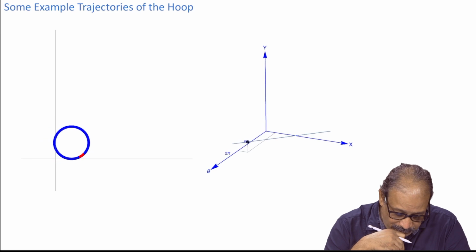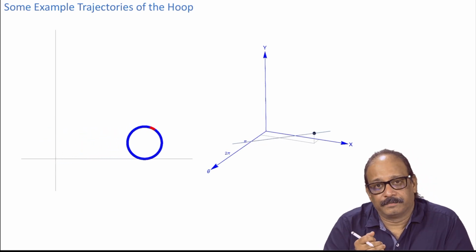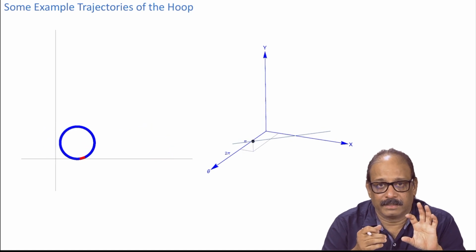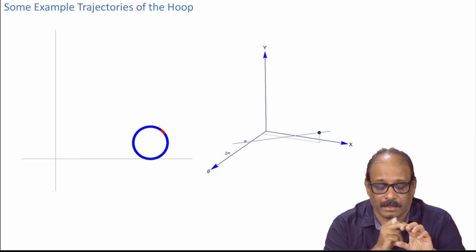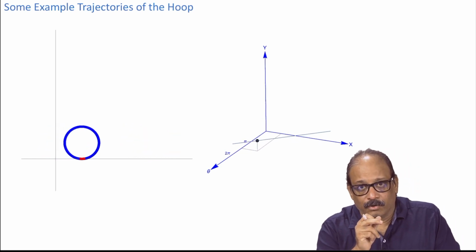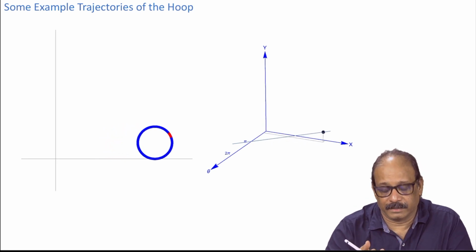And why is this theta going from 2 pi to 0? That is because, remember, we measured theta in the counterclockwise direction, and in the rolling, the hoop is rolling in the clockwise direction. That means theta is actually decreasing. Okay.